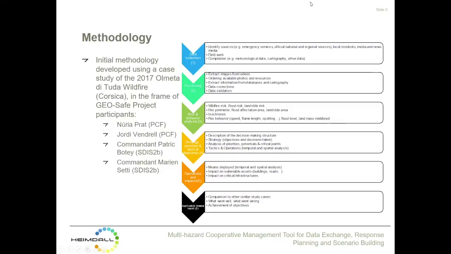The methodology used in HEIMDALL is based on the one developed in the frame of the Geosafe project, in Corsica, taking as a use case the forest fire of Olmeta di Tuda in 2017. As you can see here, the methodology comprises 5 main steps to collect data and information.